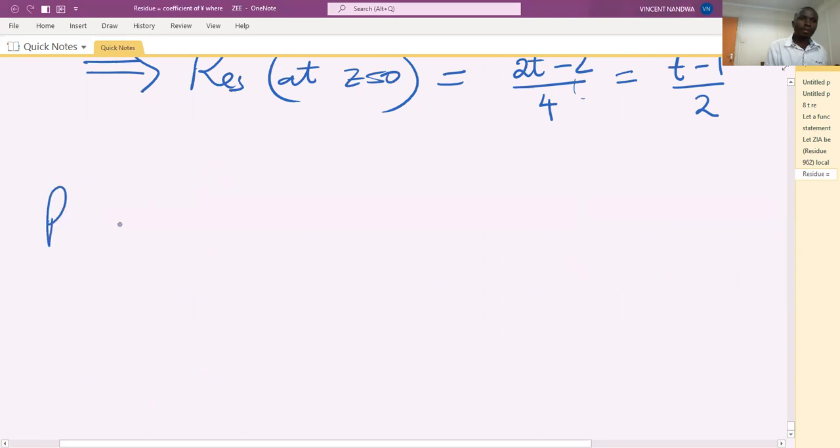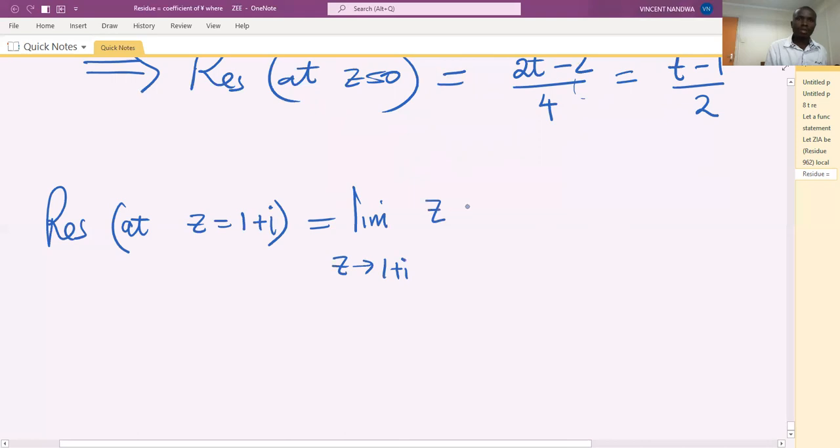Then residue at z equals 1 plus i will be limit as z approaches 1 plus i of z minus 1 plus i multiplied by f of z. This is by definition.